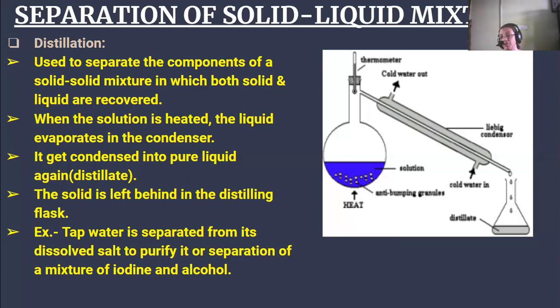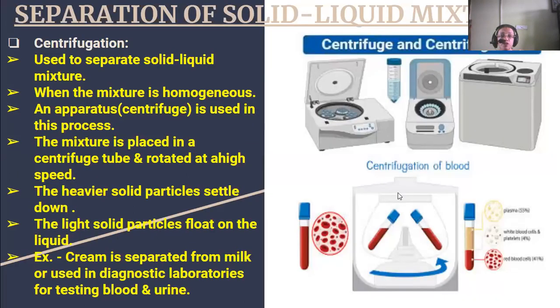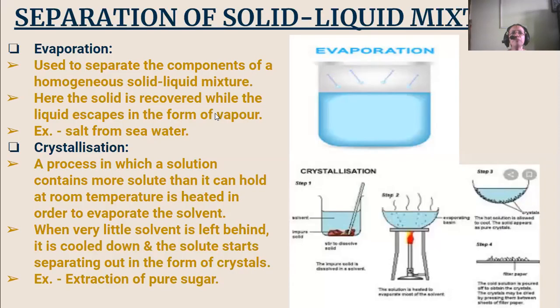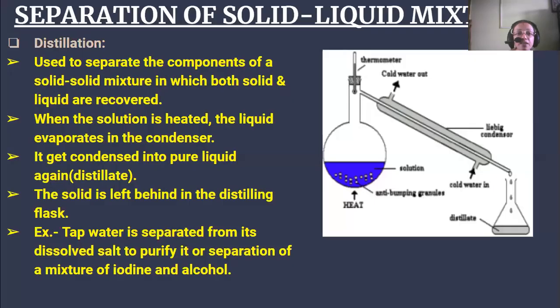In the previous two processes, evaporation and crystallization, the liquid gets evaporated. We will not get back the liquid, only the solid, but we are separating the two. But in the distillation process, we get back both the solid as well as the liquid.